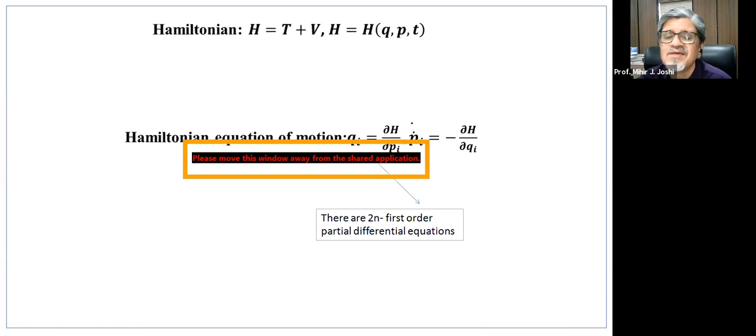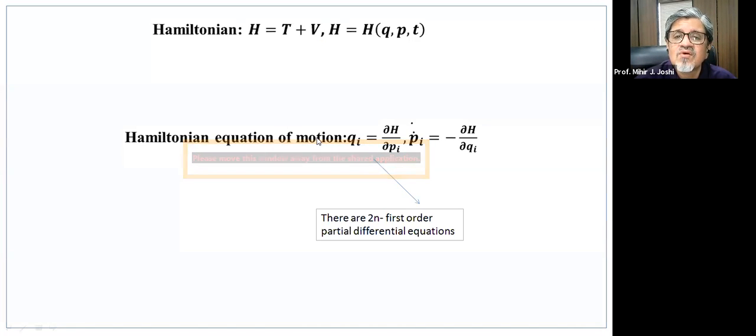Here, the momentum and coordinate are connected through Hamiltonian. So there are two different equations. These are known as the Hamilton's canonical equations, because the coordinate and momentum are connected with each other.